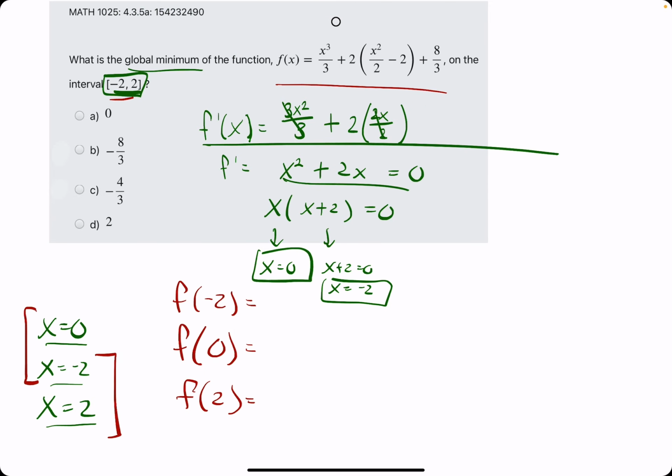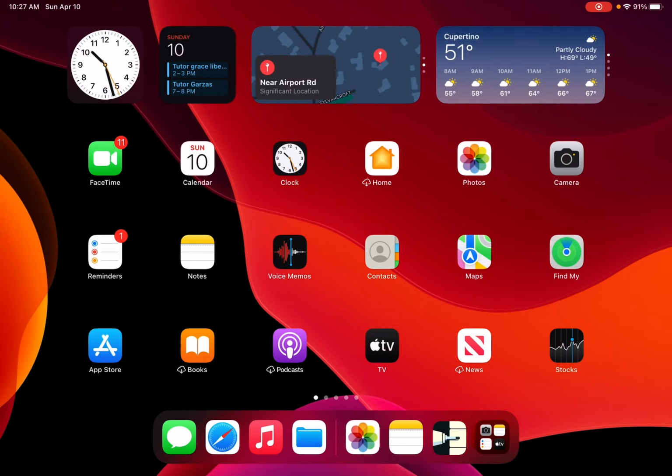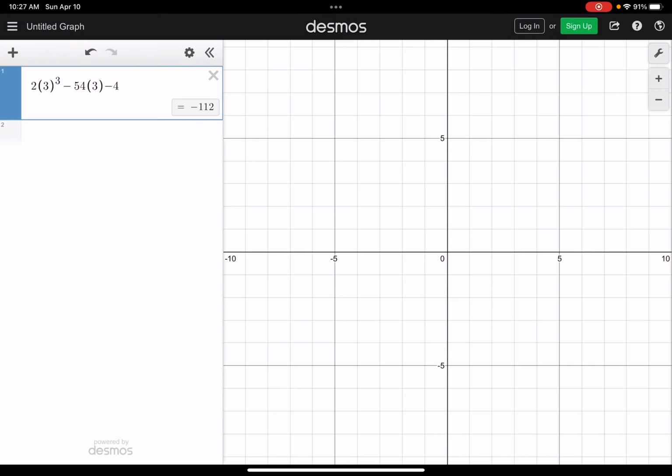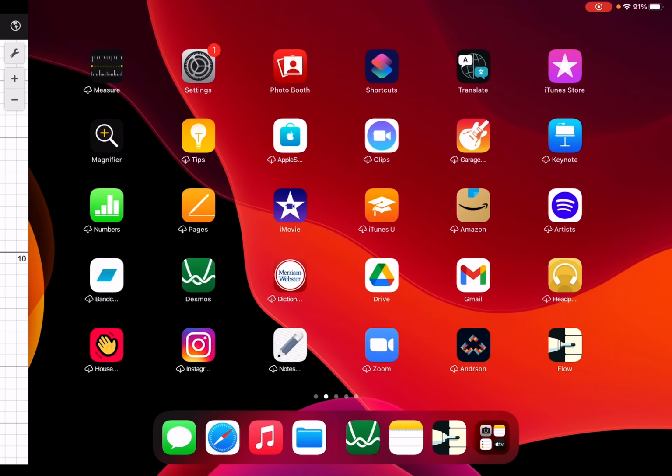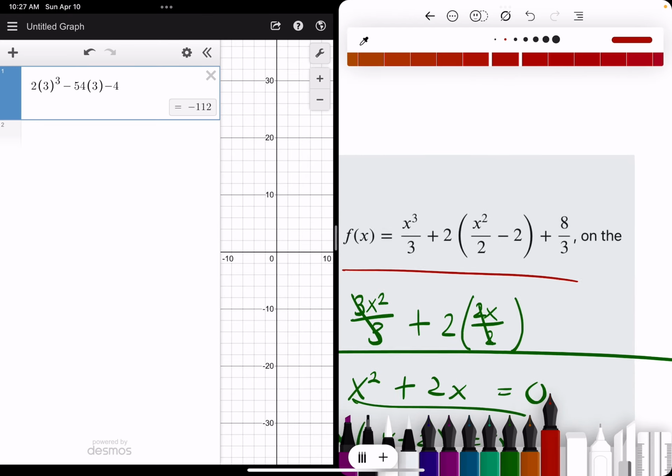Plugging these values into the original, all we're looking for is which one is the smallest y value, or smallest f value. So let's open up Desmos and plug some stuff in.